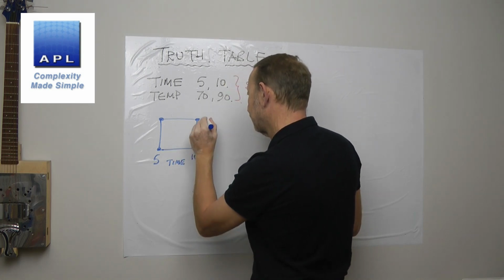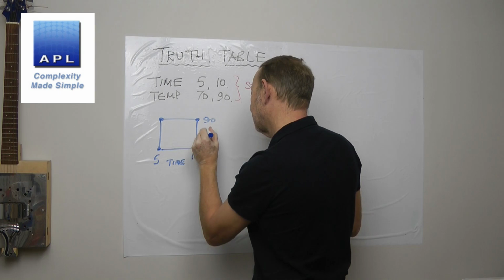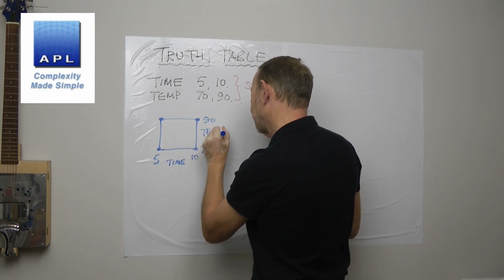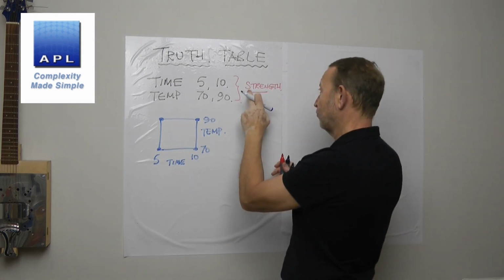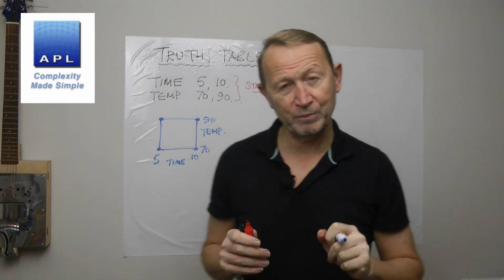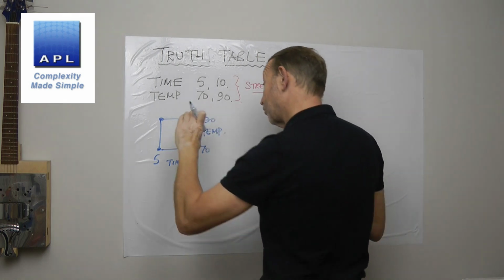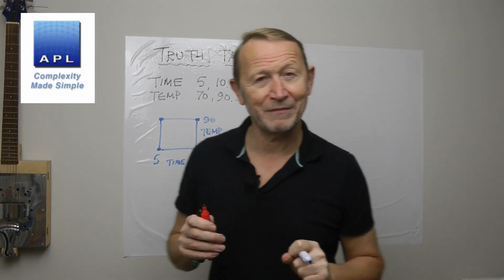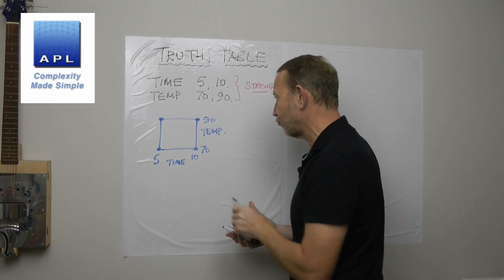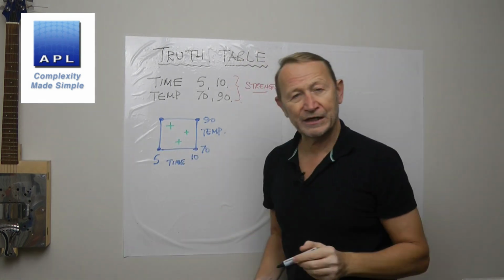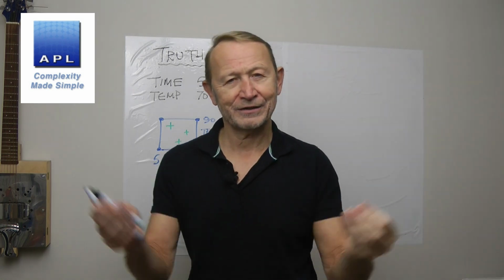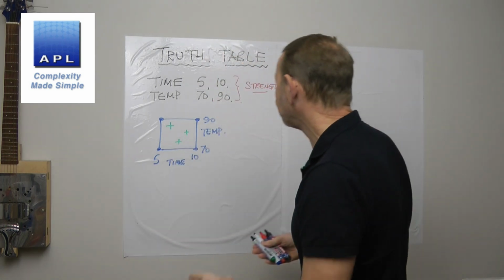We can go 70 to 90 on the temperature. You can see we're going to test that region. We're going to be testing strength as our output. And what we'll do, of course, we'll fill the box with maths so that I can predict any combination inside the box. That's the power of a DOE.